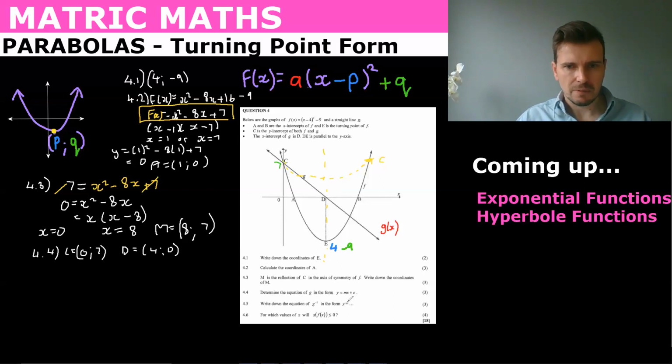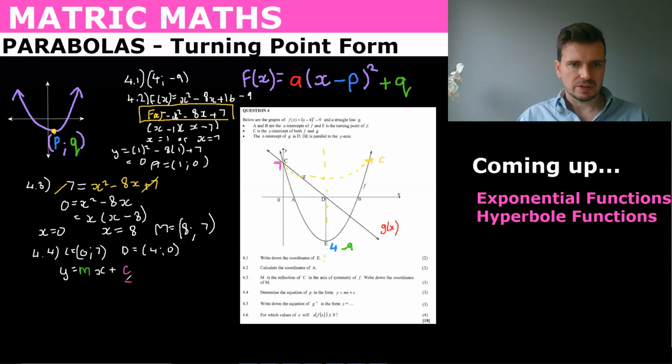So now we can sub in to get the gradient, because the standard form is y equals mx plus c. And C, we know is 7, so we can actually put C in already.